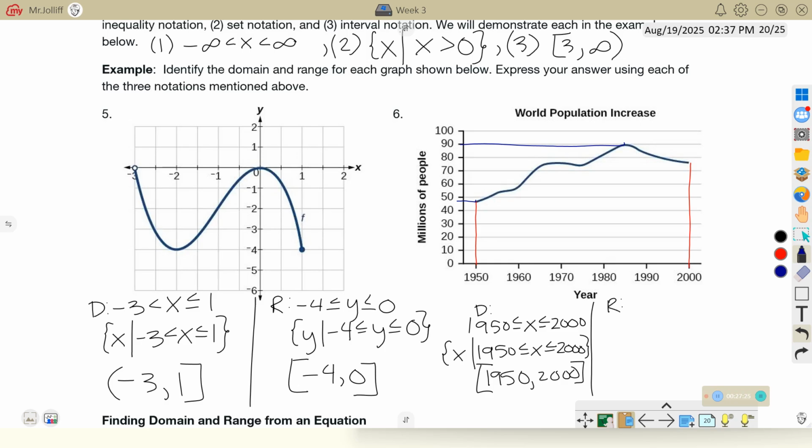Looking at that point, it looks closer to 50 than it is to 40. So it's bigger than 45. Does 48 sound reasonable? I see some nodding. So we're going to estimate the lower bound is 48. And the upper bound we can see is 90.